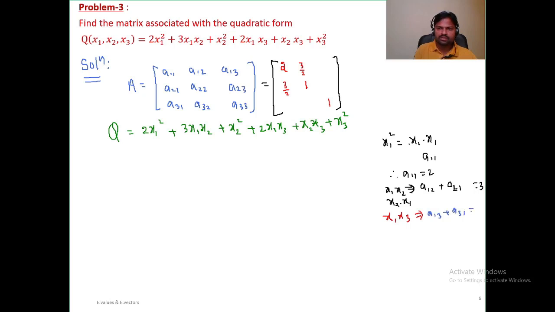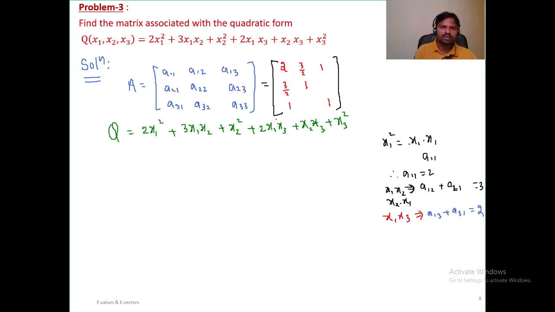The sum of these two is nothing but the x1 x3 coefficient, which is 2. So the sum of these two entries, a13 plus a31, is 2. You can write 1 and 1, or you can write here 3, here minus 1, no problem. But I am dividing by 2. If you divide by 2, then you get 1 and 1. So simply you give half and half. Okay, this is 1 and this is 1, over.